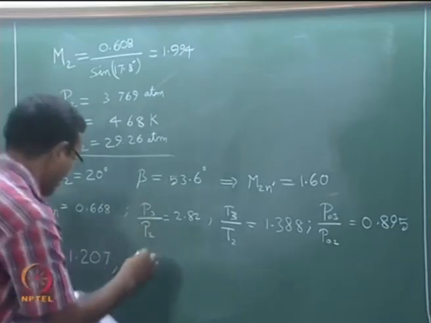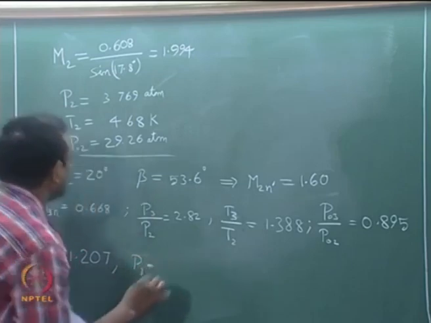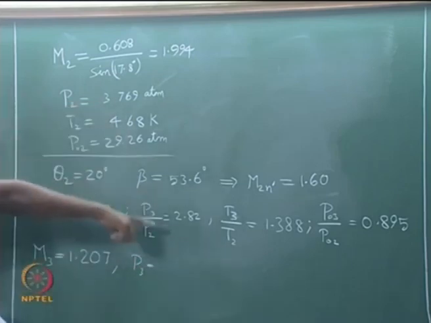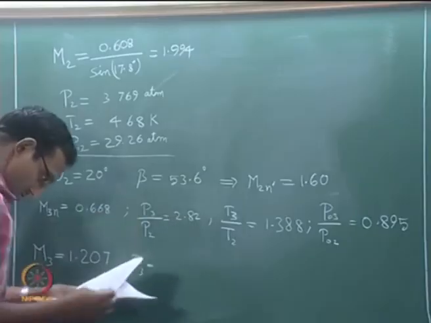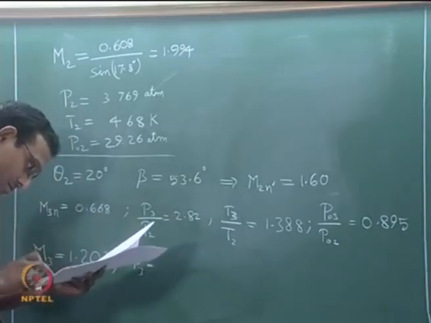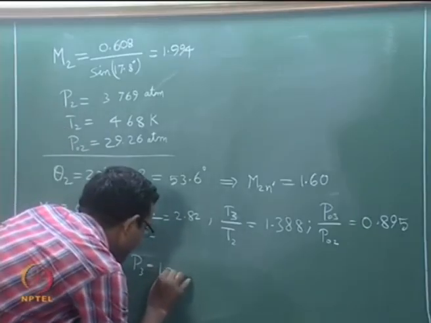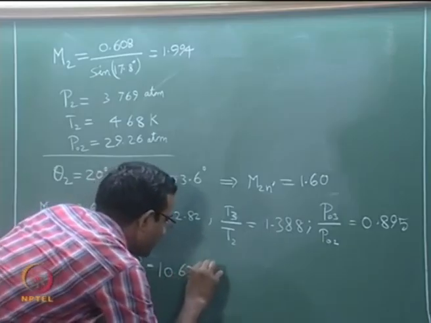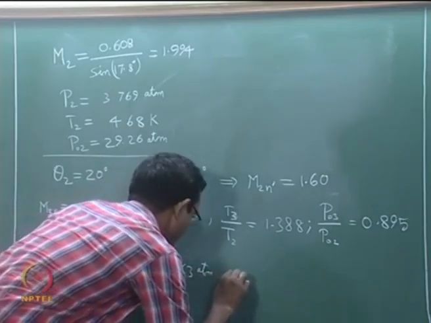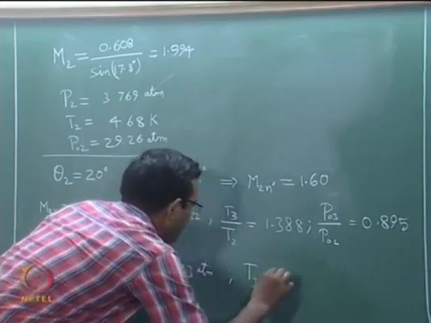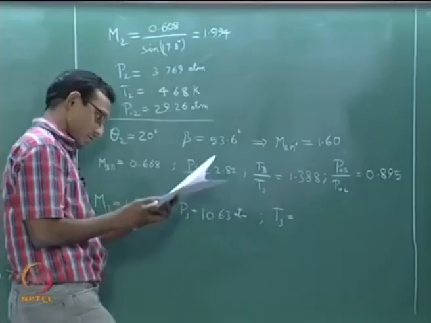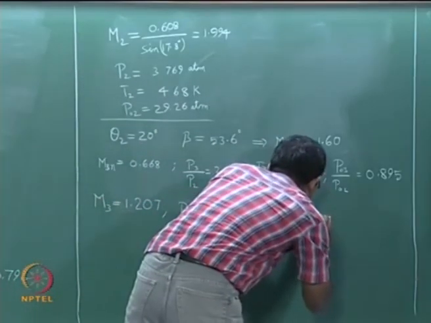Okay. And P3, we already have P2. I just have to multiply with this one, and P3 is 10.663 atmospheres. T3 is going to be 650 Kelvin.